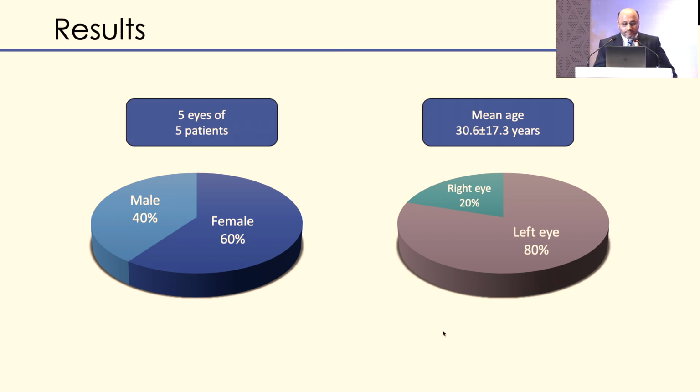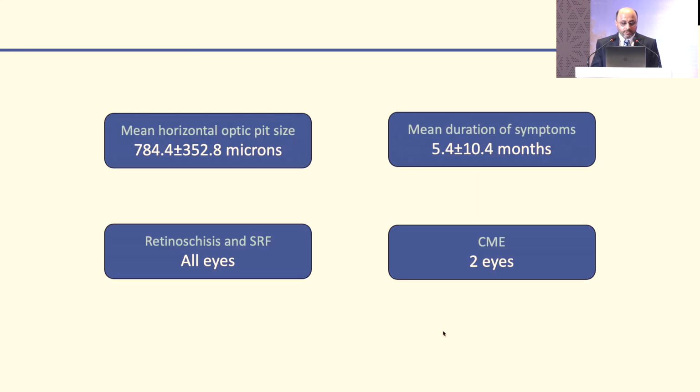So we collated our data and present 5 eyes at present. There was a female preponderance, and the mean age was around 30 years, with left eye being more prevalent. The mean horizontal diameter of these pits was roughly 784 microns, and duration around 5 months, plus minus 10 months. Retinoschisis and SRF, as the stages go, were present in almost all eyes.